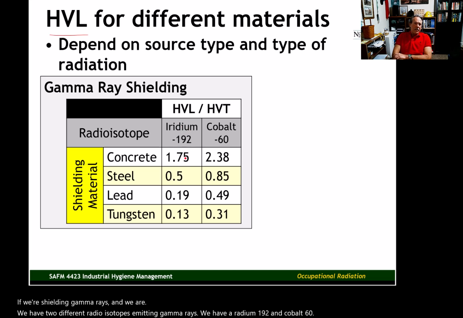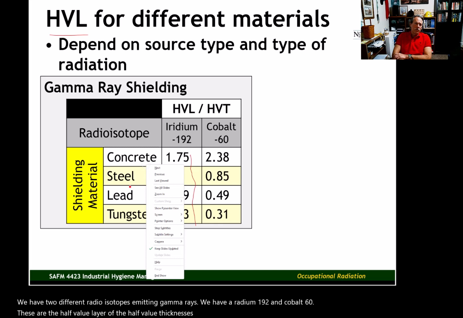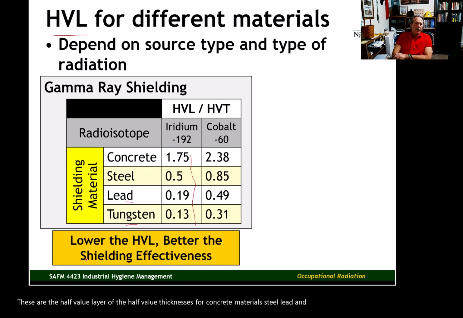These are the half-value layers, or half-value thicknesses, for concrete, steel, lead, and tungsten. The lower the HVL value, the better the shielding effectiveness. These values are in inches.